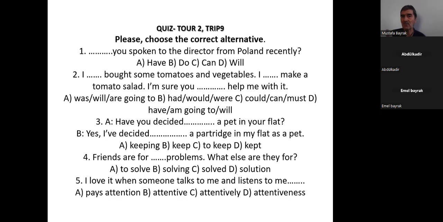I love it when someone talks to me and listens to me how? Attentively. Everybody loves it when someone talks to us and listens to us attentively. Adverb. In an attentive, careful, heedful manner. Okay, attentively.